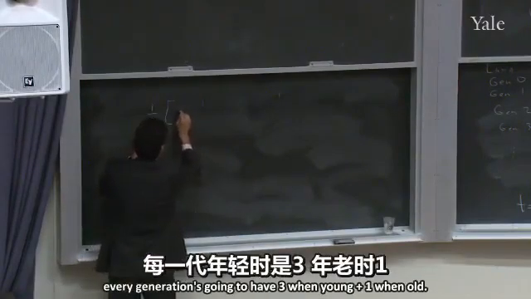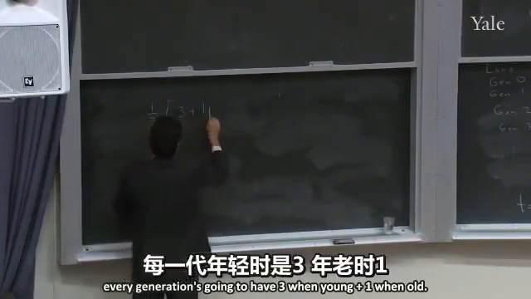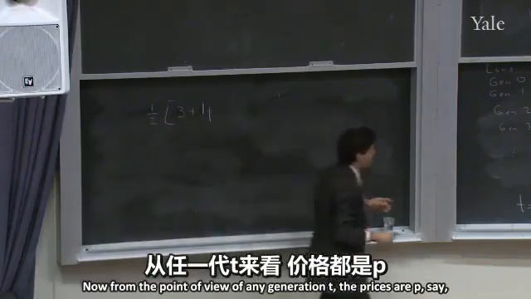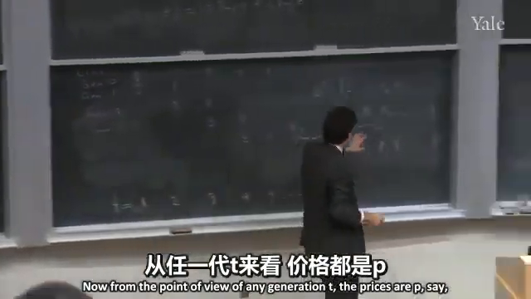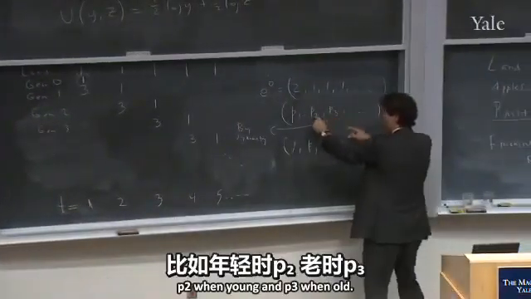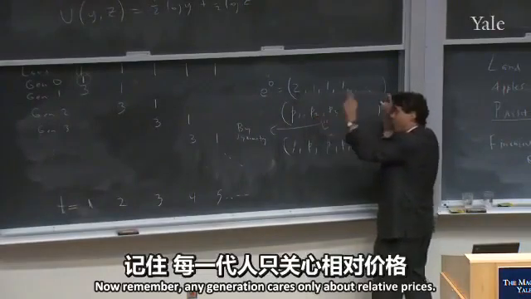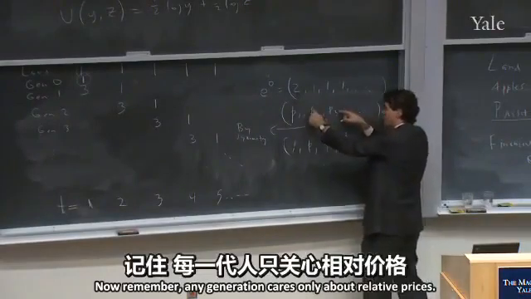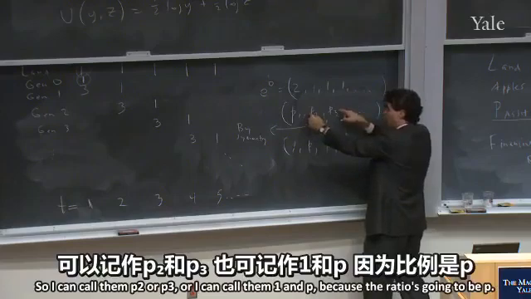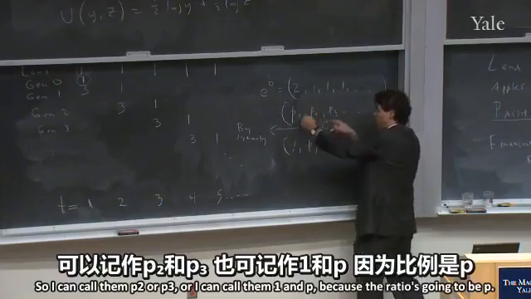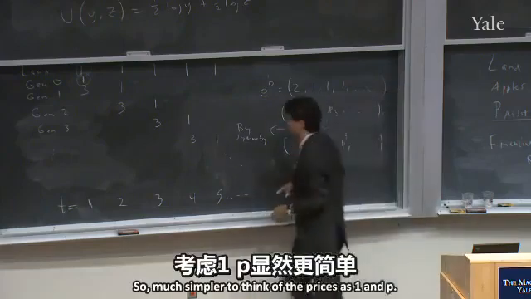Every generation is going to have 3 when young plus 1 when old. Now from the point of view of any generation T, the prices are, say, P2 when young and P3 when old. Remember, any generation cares only about relative prices. So I can call them P2 and P3, or I can call them 1 and P, because the ratio is going to be P. So it is much simpler to think of the prices as 1 and P.